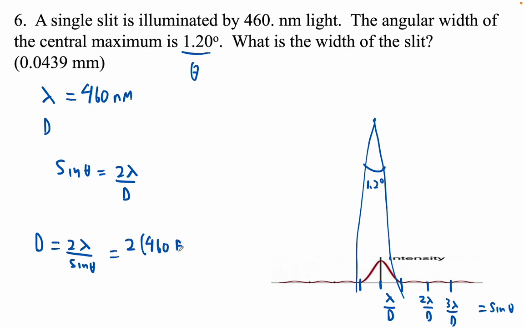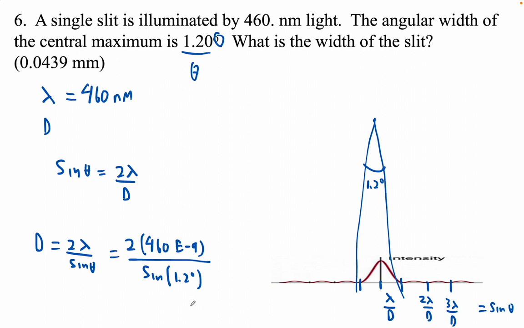460 e minus 9, right? Divided by the sine. And since this is degrees, we got to be in degrees. So sine of 1.2 degrees. All right, let's do that. Let me first check my calculator so I'm not in radians. Okay, there we go. All right.